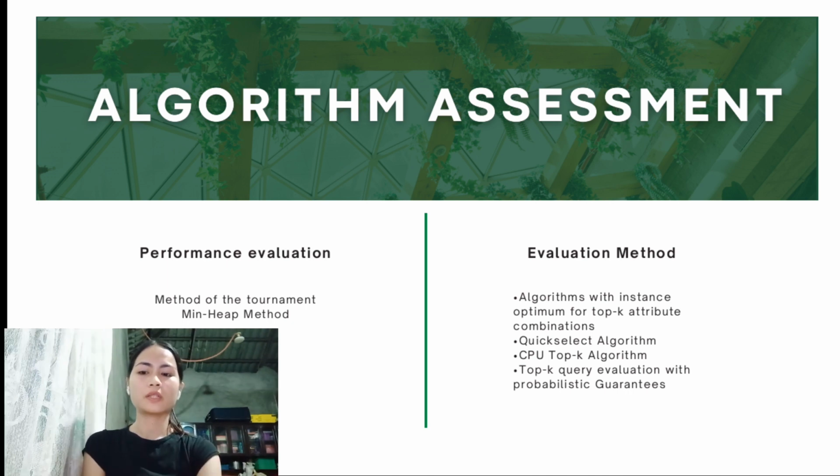So number 2 is the quick select algorithm. When attempting to determine which member in an array is the kth largest or smallest, quick select comes in handy. When n, the array size, is not excessively large, it functions nicely.